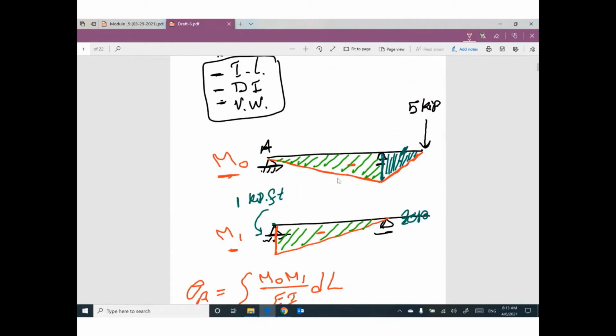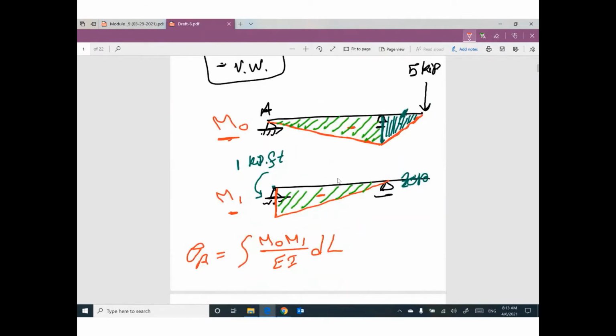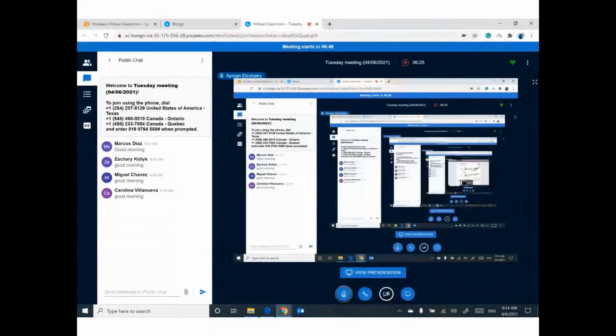If you would like to integrate this triangle with this one, your case will be 1/6 m times L, not 1/3. Any question, guys? Do you have any question regarding this point?